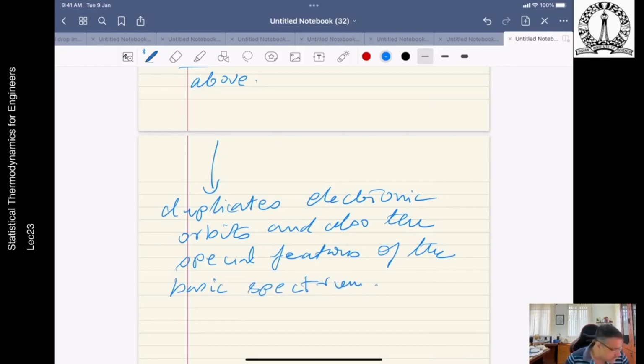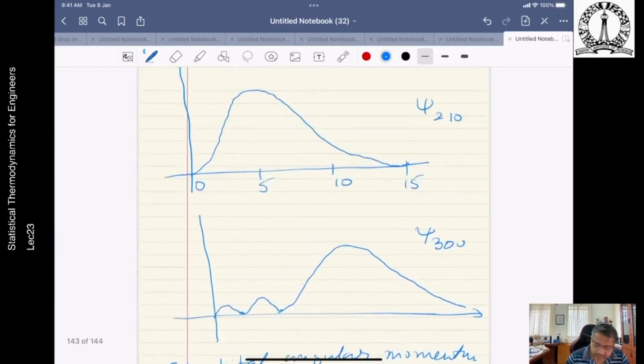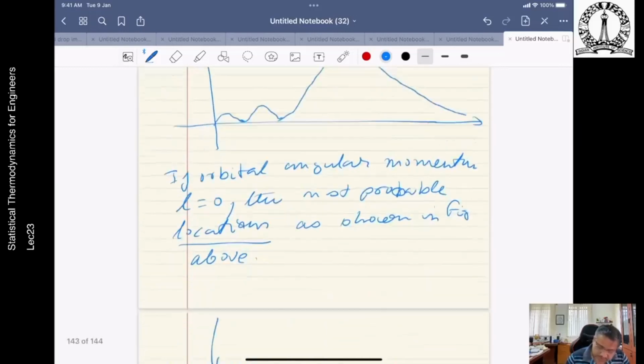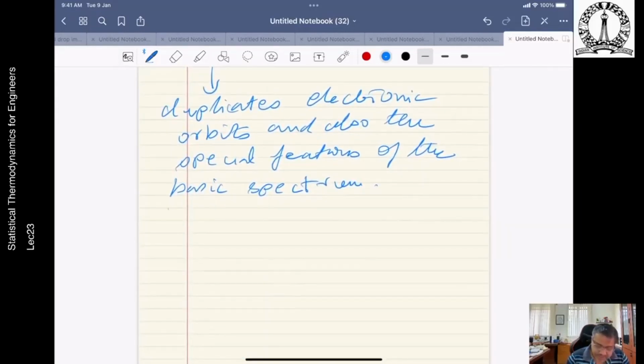But obviously this adds more value, because now you can see how the wave functions will look for different types of quantum numbers. That is very interesting, and it adds value to the basic model suggested by Niels Bohr.